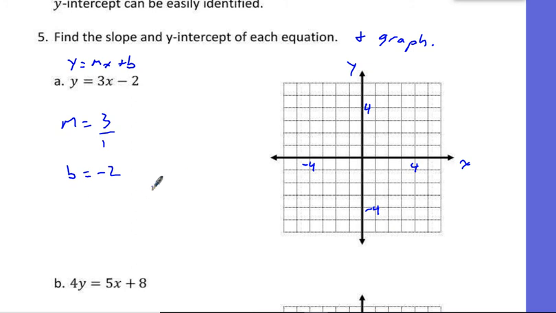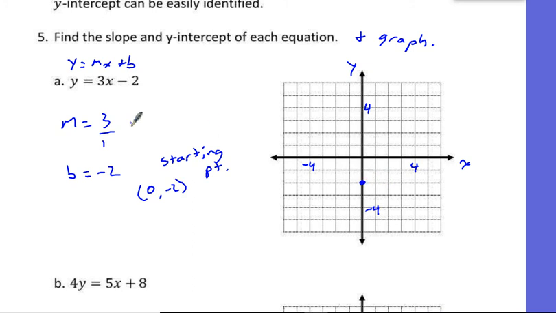The coordinate 0, -2 is what we will graph for the y-intercept. And another name for the y-intercept, or what I like to call it, is kind of our starting point. Because that point is where we'll start our graph.